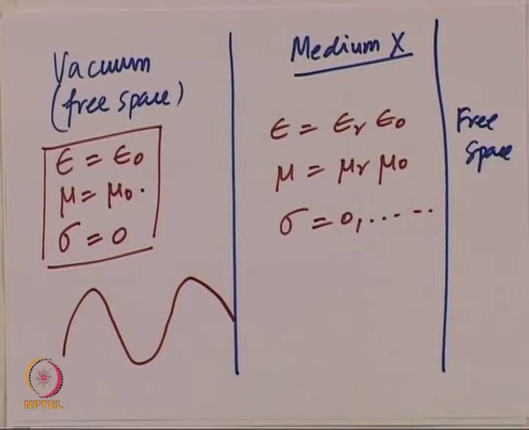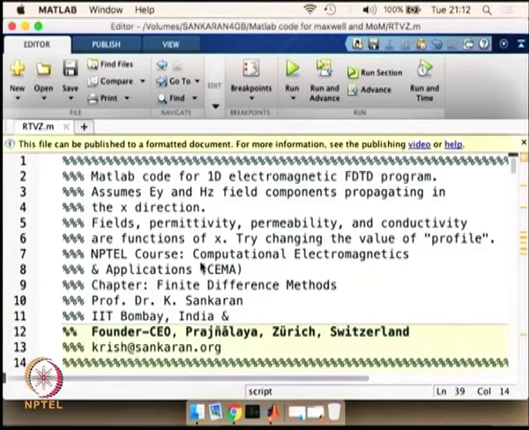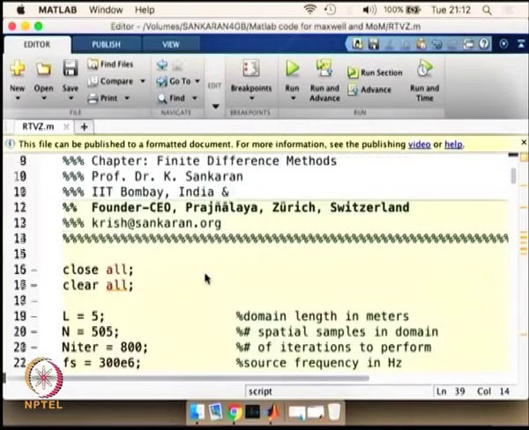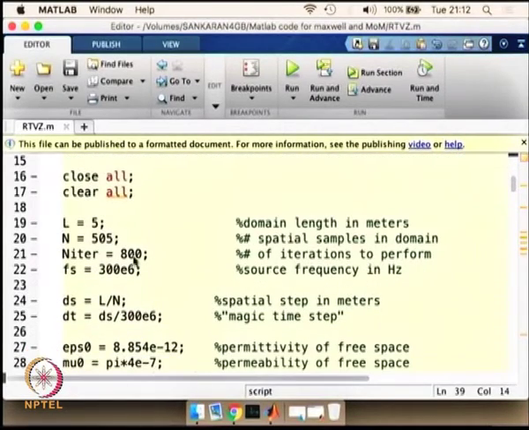So let us go into the code and take a look at various parameters that are going to affect the propagation. So this is the code we are going to use for this particular problem, and we have set the domain length to be 5 and we are interested in discretizing this particular domain using the finite difference time domain method.